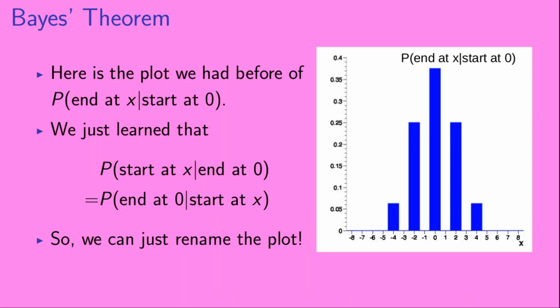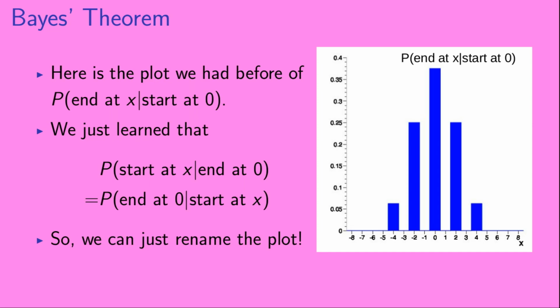Here is the plot we had before of the probability for the object to end at x, given that it started at 0. But we just learned that the probability for the object to have started at x, given that it ended at 0, is equal to the probability that the object will end at 0, given that it started at x.